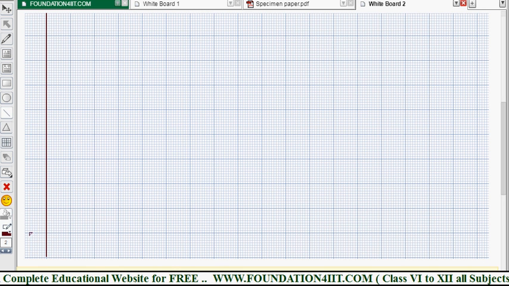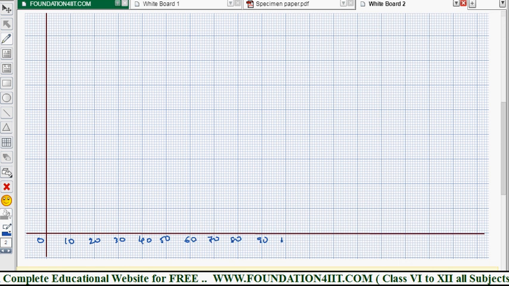If you observe, the starting point is 0 on the x-axis. I am taking the x-axis as 10, 20, 30, 40, and so on. These are the marks. Till 80 is enough because we are taking only up to 80.